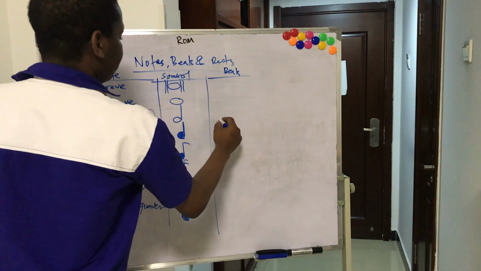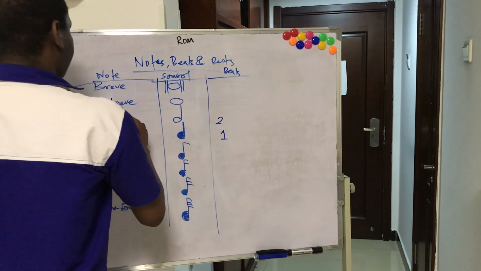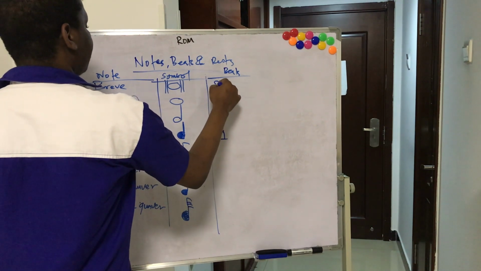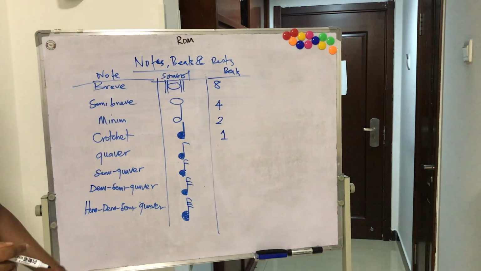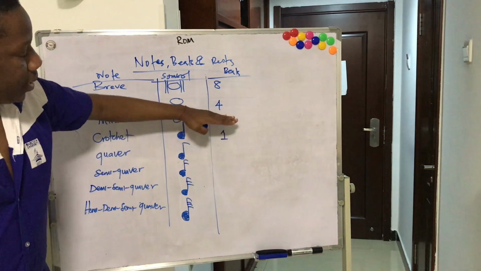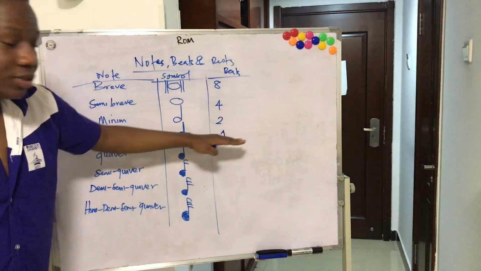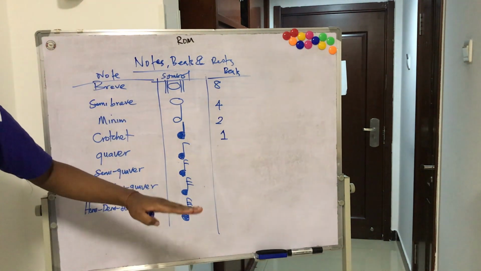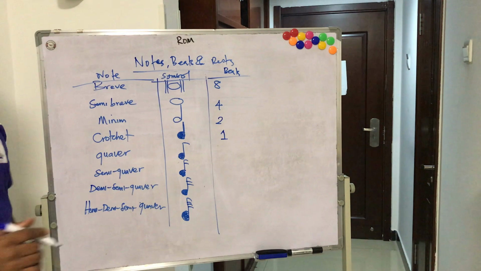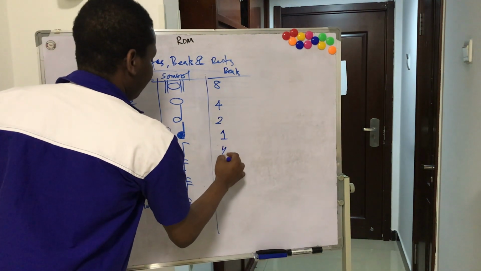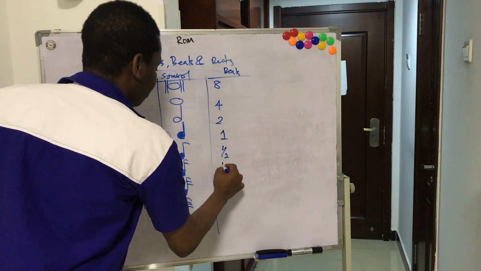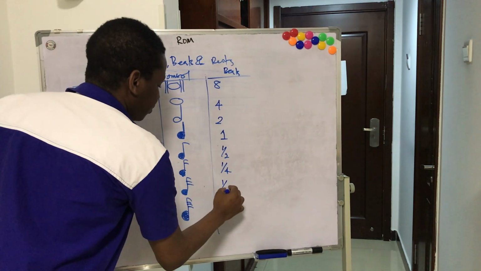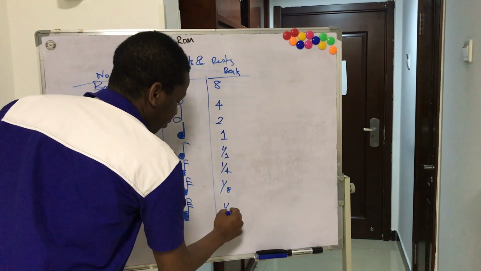So minim will be 2, semibreve will be 4, and of course breve will be 8. All the ones below are halved. So quaver is half, semiquaver is 1/4, demisemiquaver is 1/8 and hemidemisemiquaver is 1/16.